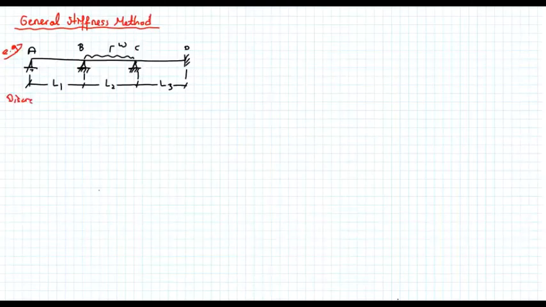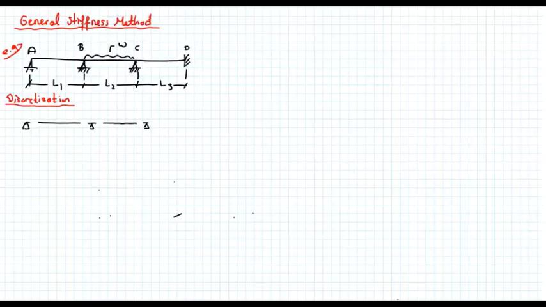Let's divide the structure into simpler pieces whose behavior we can better describe. So, pin support node A, member AB, node B, member BC, node C, member CD, and node D.